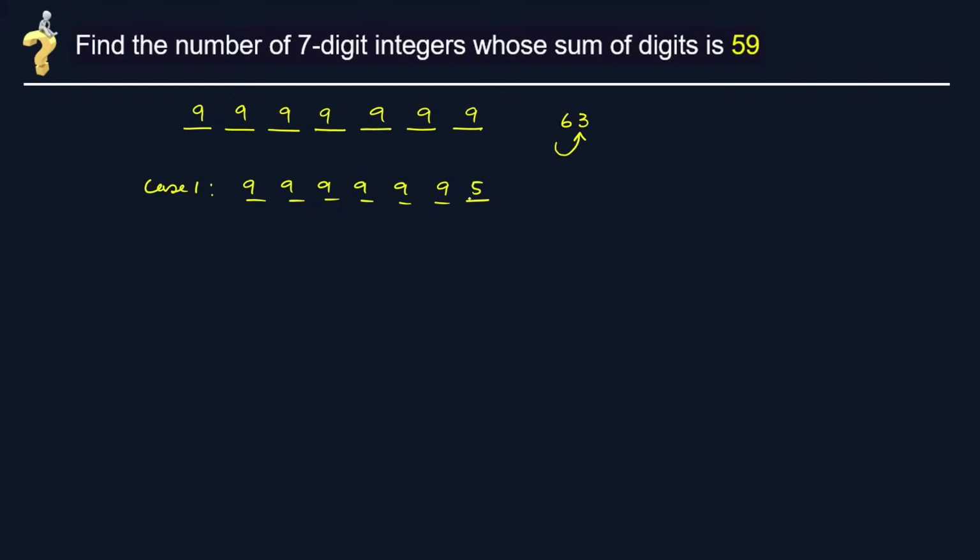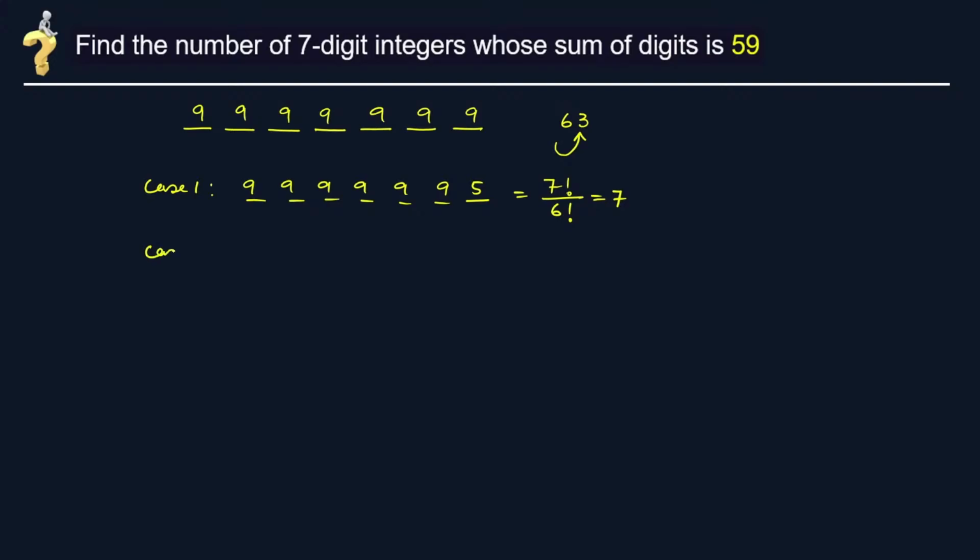If this place is filled with 5, then you add all these numbers and you get 59. So how many such numbers can be formed? Simply arrange all those digits in the 7 places. That can be done in factorial 7 divided by factorial 6, which is equal to 7 different ways, because the 6 nines are identical, that is why I have divided by factorial 6.